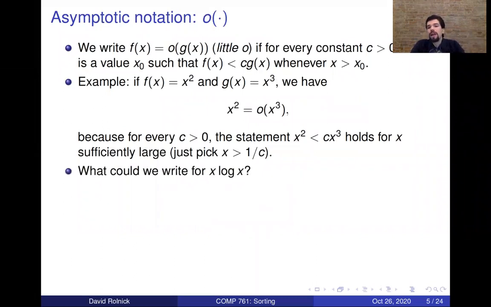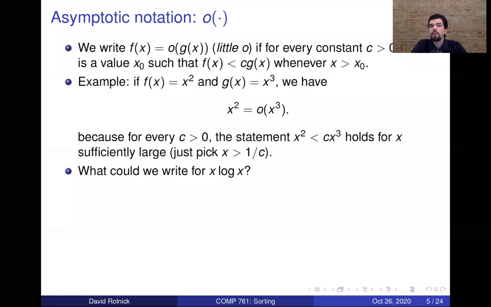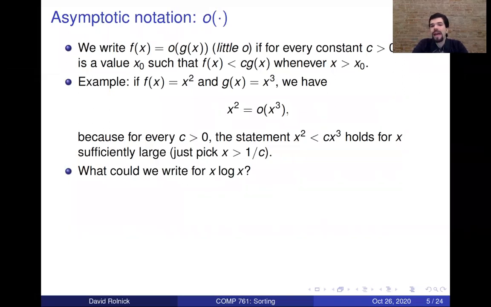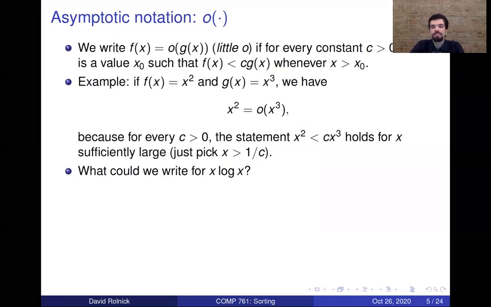What could we write for x log x? If that were our f of x, what could g of x be? Well, x log x is little o of some things. What could those things be? More suggestions.